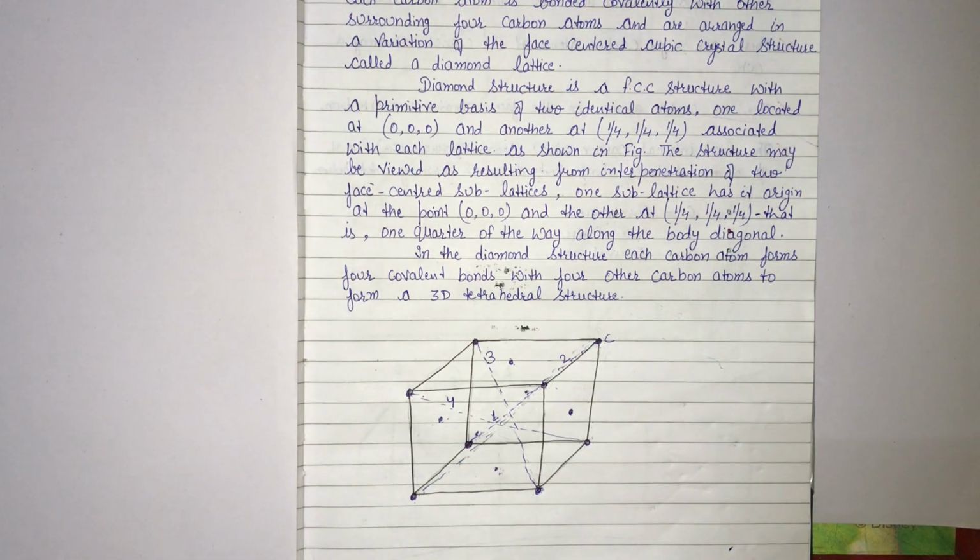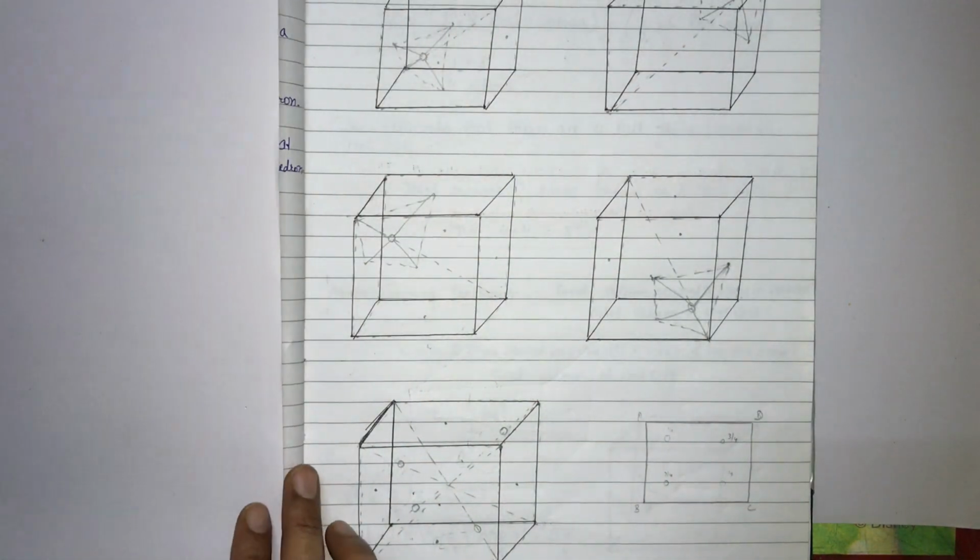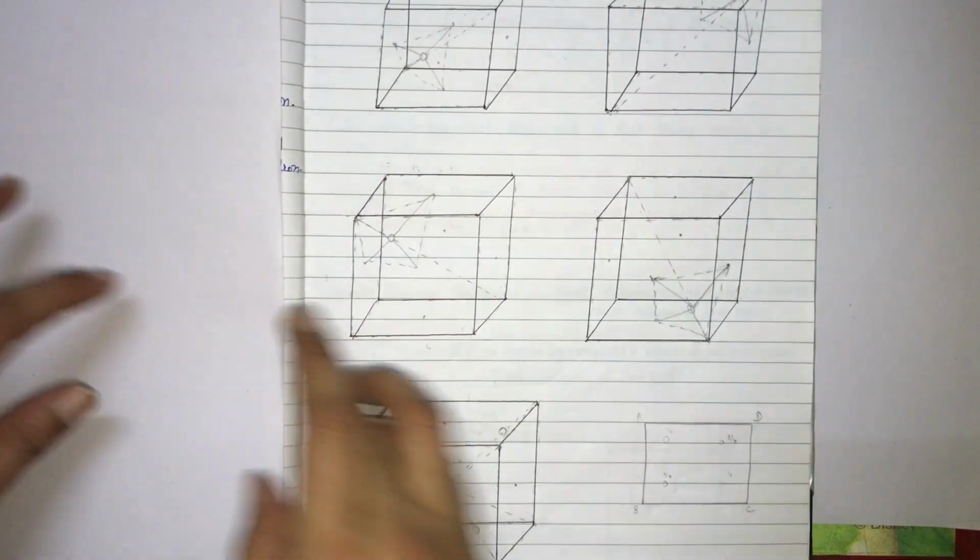Now after marking the four body diagonals, let's locate the position of carbon atoms along the body diagonal, which is at 1/4 of the body diagonal. No doubt diamond structure is a complex structure because of this 1/4 location of carbon atoms along the body diagonal.